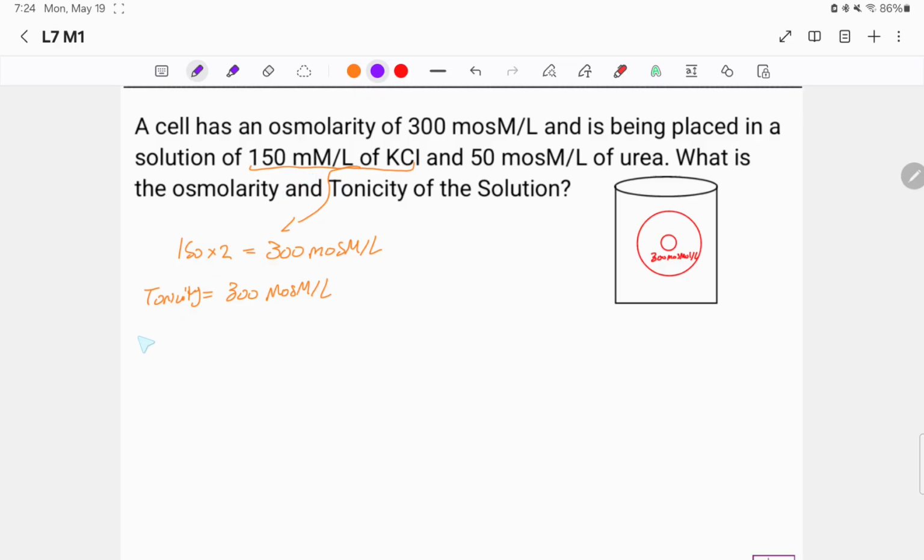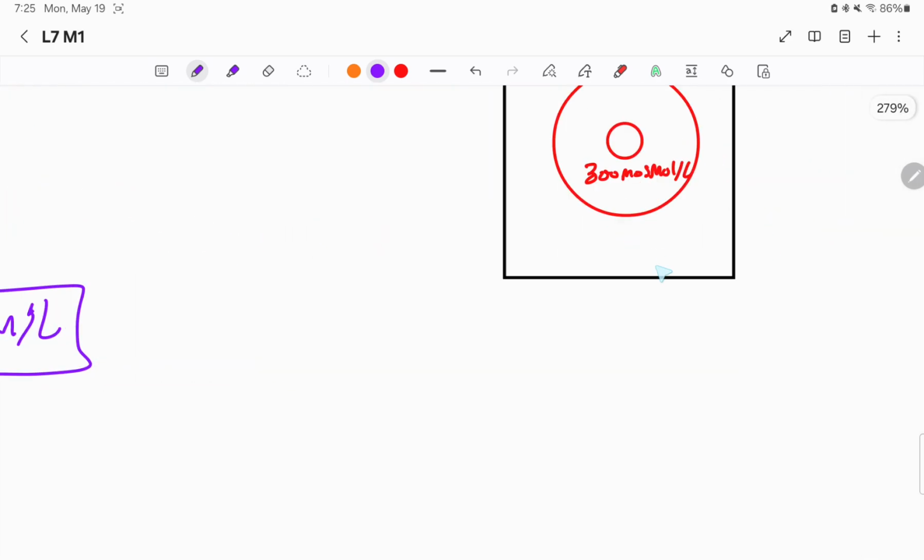Well, osmolarity is both non-penetrating and penetrating, and we know that our penetrating is 50 milliosmoles, so 50 plus 300 equals 350 milliosmoles per liter. That is our osmolarity. So let's write that down. We have 350 osmolarity. We have 300 in tonicity.